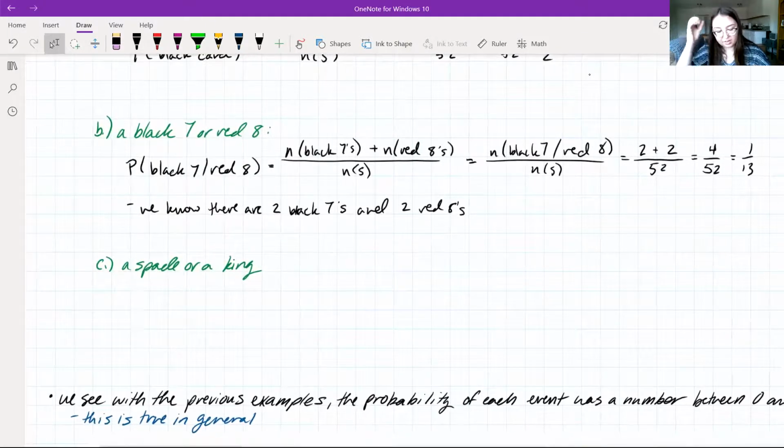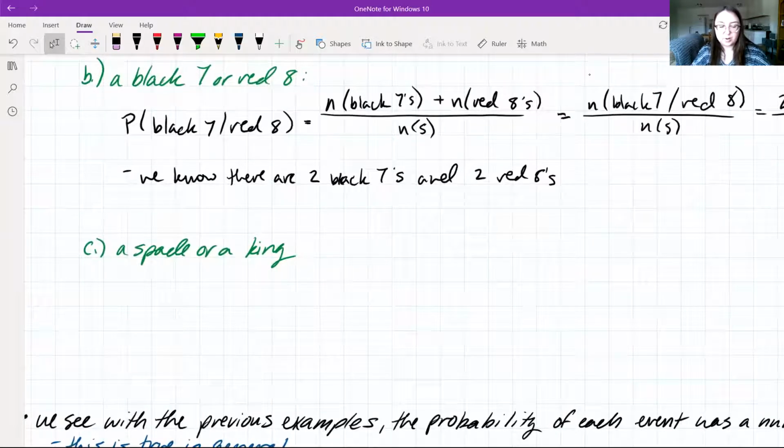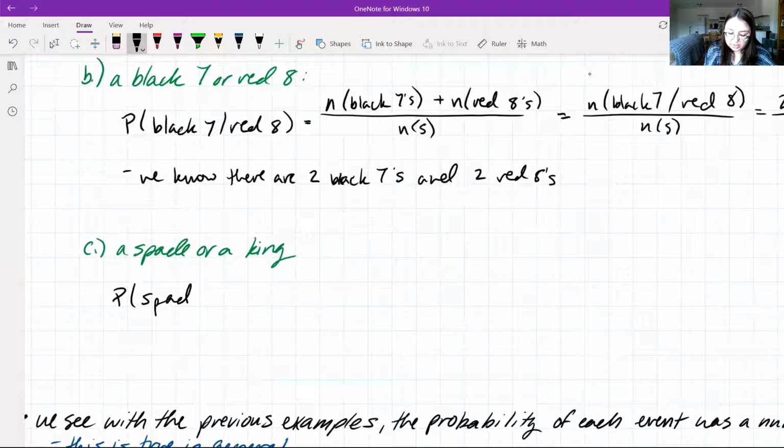All right, then our last value here, we're guessing a spade or a king. So we have the probability that we will draw a spade or a king.